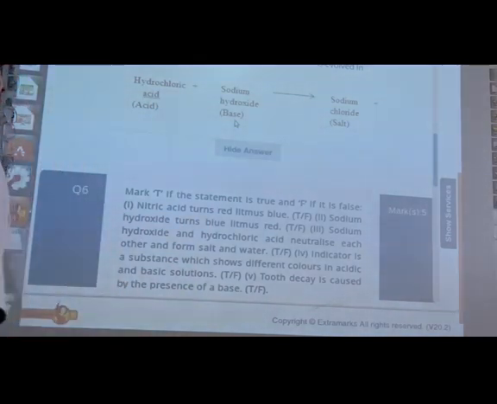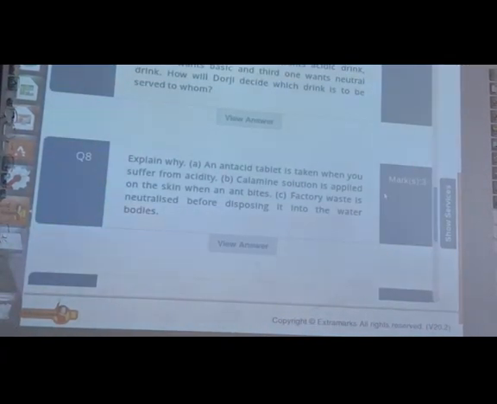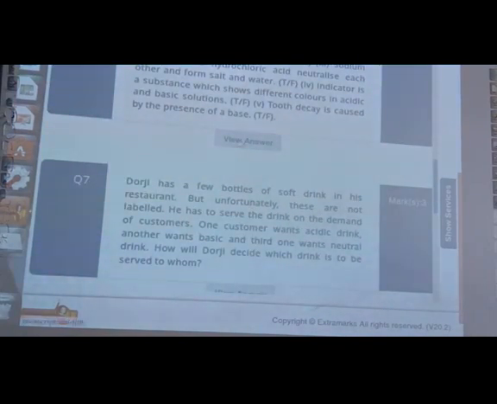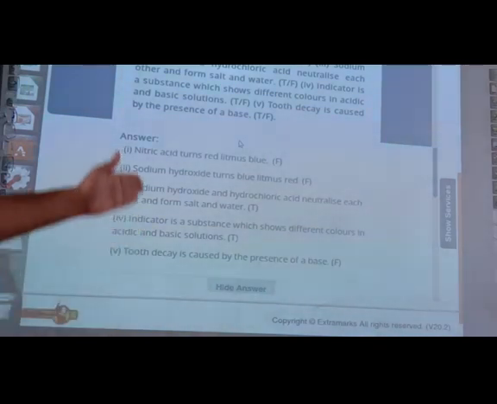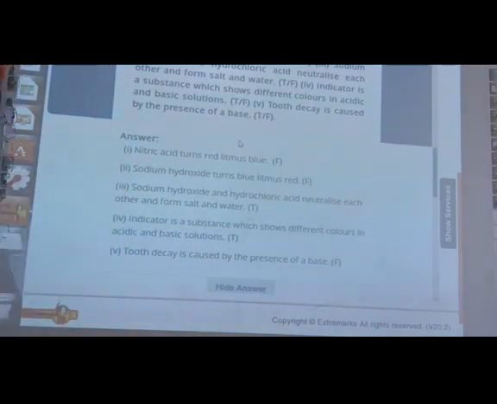Indicator is a substance which shows different color in acidic and basic solution, true. Tooth decay is caused by the presence of base, false. Okay, see the answers also. Everything is written as I told. Okay, so let us move to the next question.